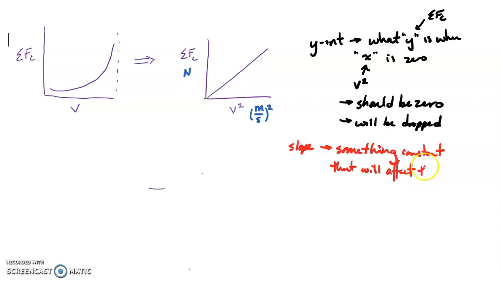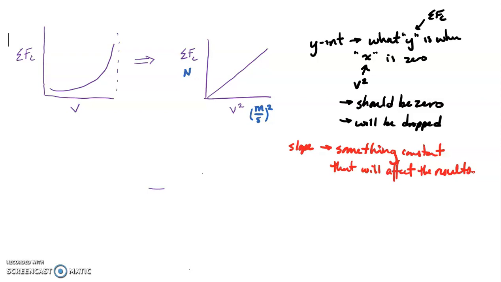I'm sorry, the results. Someone in the chat's going to yell at me because I used the wrong affect versus effect. All right, so here we go. It's something constant that will affect your results, and specifically what I mean by results is the centripetal force.